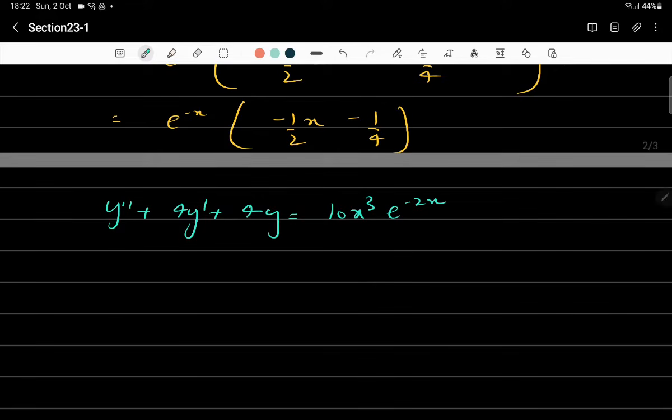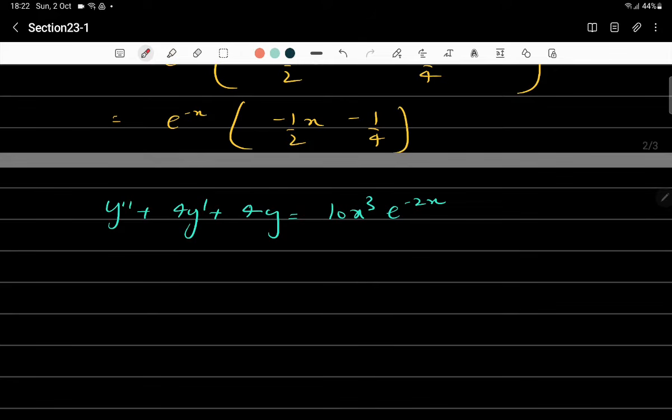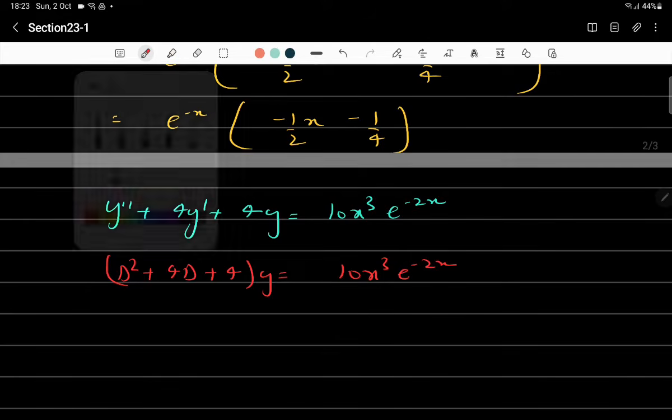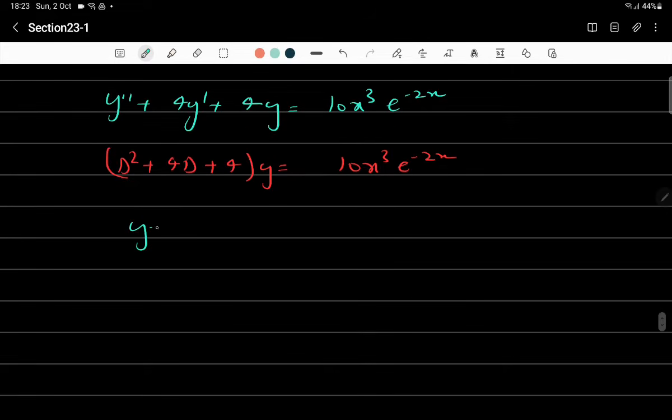But if you use the operator method, then it would be very easy, because it looks like D square plus 4D plus 4 y is 10x cube e raised to the power minus 2x. So it turns out to be y is equal to 1 by D plus 2 whole square and 10x cube e raised to the power minus 2x.